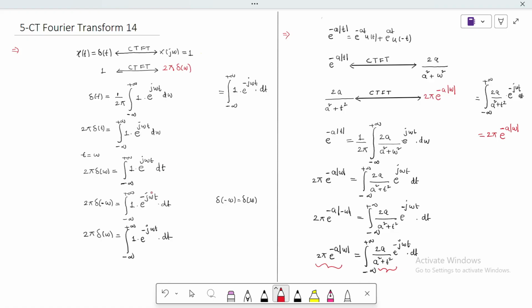This is about the duality property. See, this is the duality property. So the concept is duality.